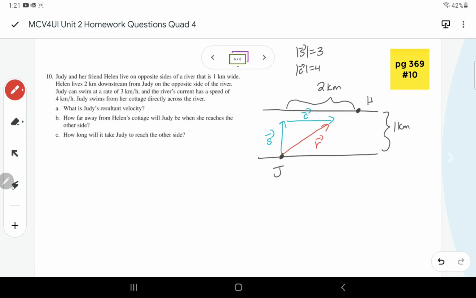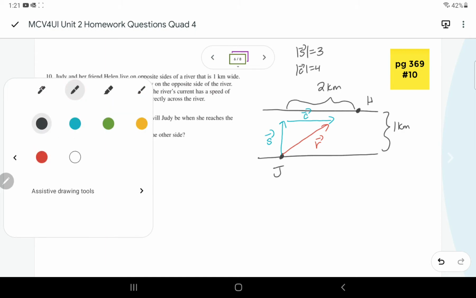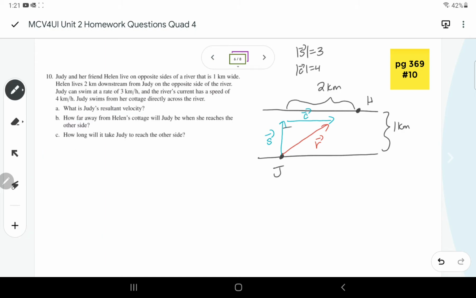Okay, so this is kind of nice because we do know that we've got a 90-degree angle there. So I have a nice right-angled triangle. I know that her swimming amount is 3 and the current is 4. So we can find the magnitude of the resultant.